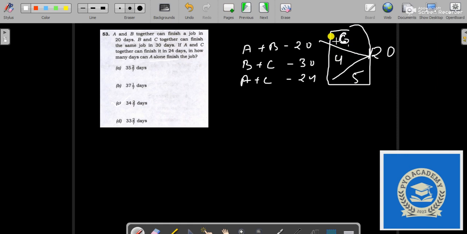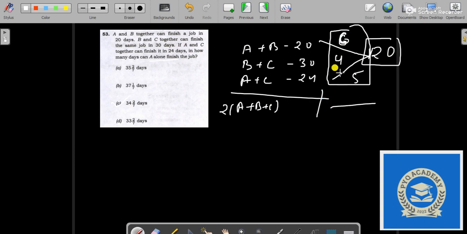That means if A plus B does 6 units of work per day, then they will be able to complete the total work of 120. Now if we add all these, we will get 2 of A plus B plus C. And let's add this, so we will get 6 plus 4 is 10, plus 5 is 15. Okay, so now we need A, so let's subtract this from this.